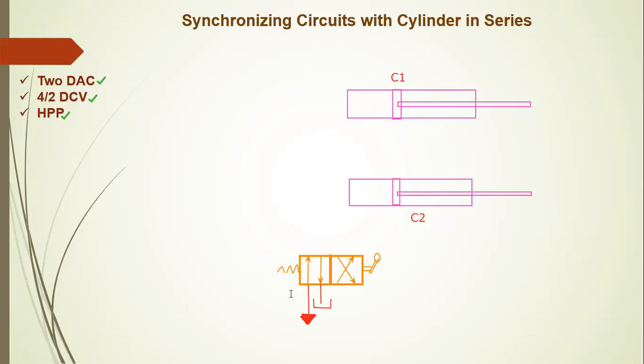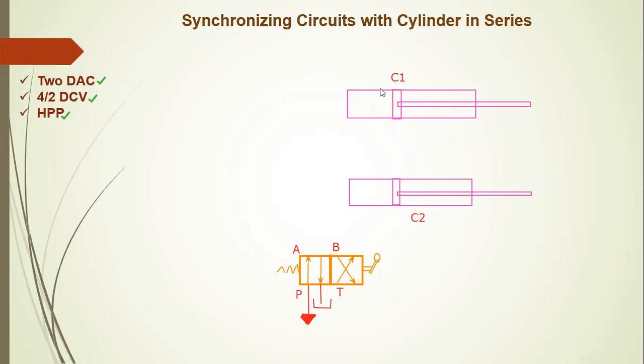The port directly connected to the pump we name P, and the one connected to the tank we name T. The first connection of the hydraulic circuit is A and the second connection is called B. For cylinders connected in series, the oil passes from A to cylinder 1, cylinder 1 is connected to cylinder 2, and the cylinder 2 return is connected to the direction control valve.